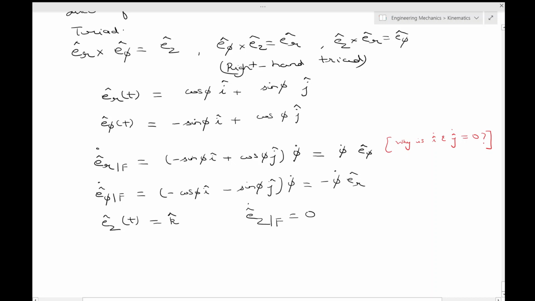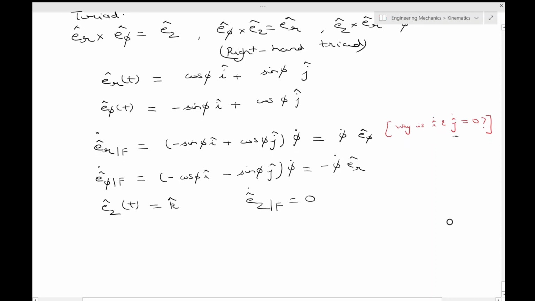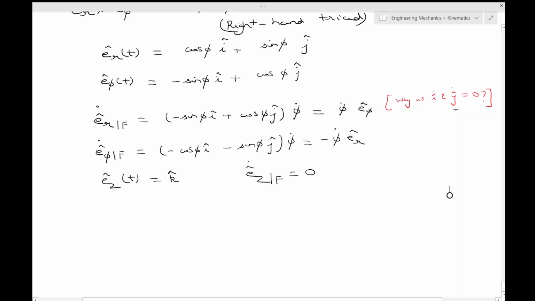So it's not just i dot or j dot equal to 0, k dot is also equal to 0. So this is equation 114, all of them, and they will be very useful in the future.